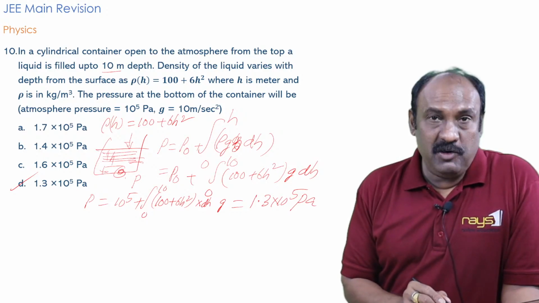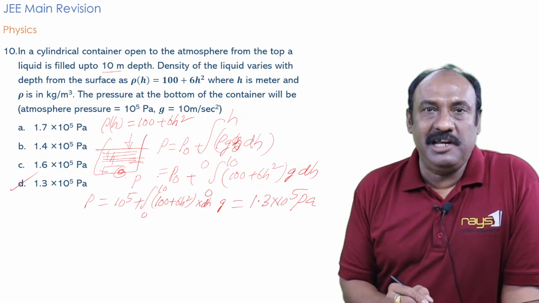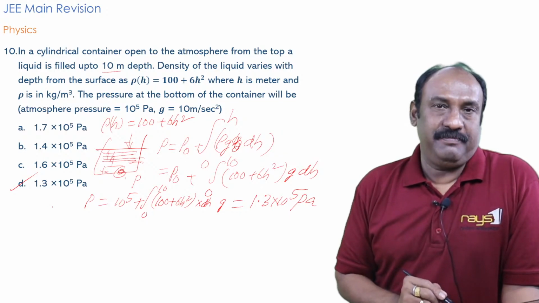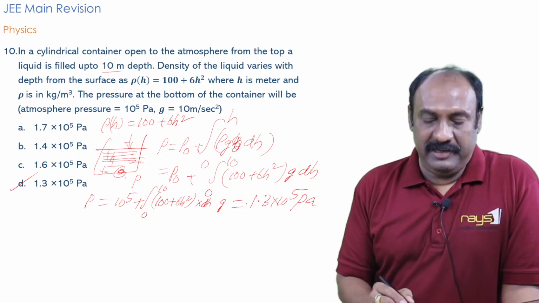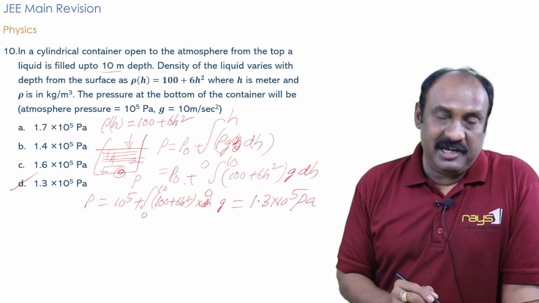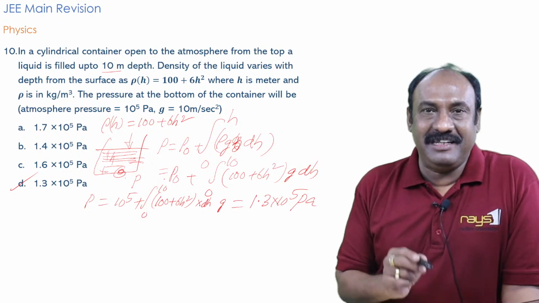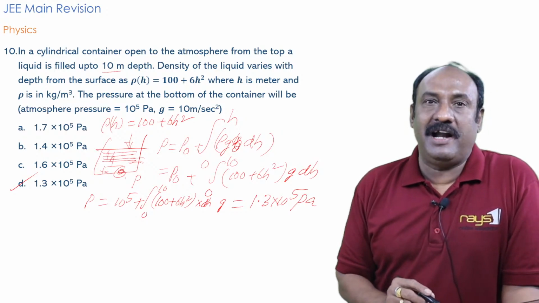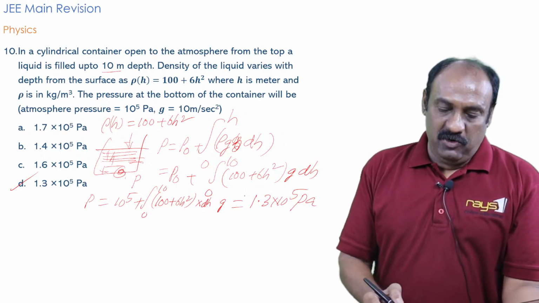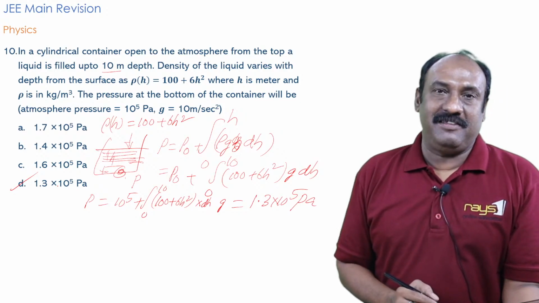The pressure due to the column of length h is obtained by integrating rho g dh within the limits 0 to h, that is 10 meter here. After calculation we get 1.3 into 10 power 5 Pascal as the pressure at the bottom of the vessel containing liquid of variable density, rho equal to 100 plus 6h squared.